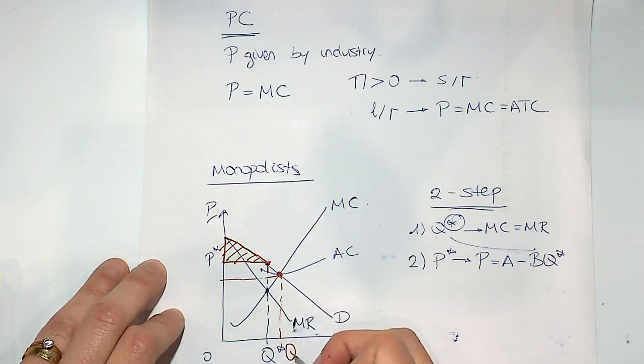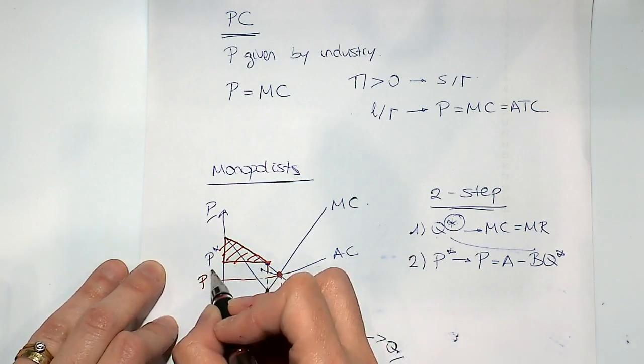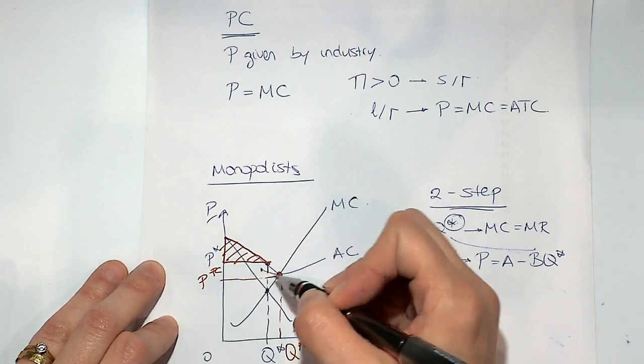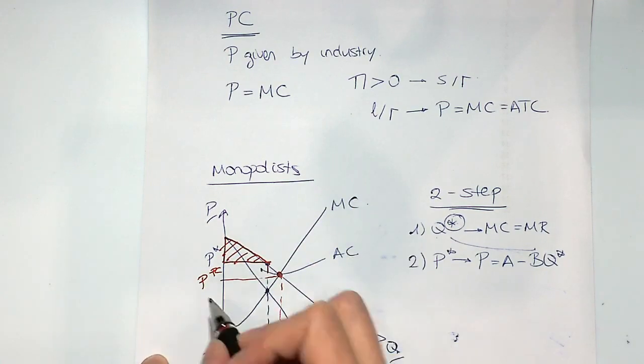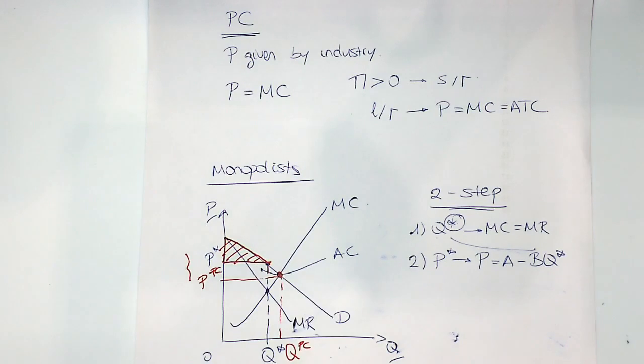So this will be the output in perfect competition, and the price in perfect competition. The consumer surplus will be higher. See that in perfect competition they will sell more output at a lower price. So it is more efficient in terms of consumer surplus, and in terms of total surplus also, which is how we will measure efficiency.